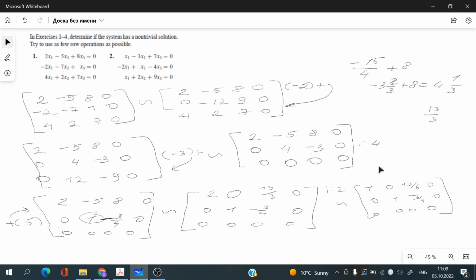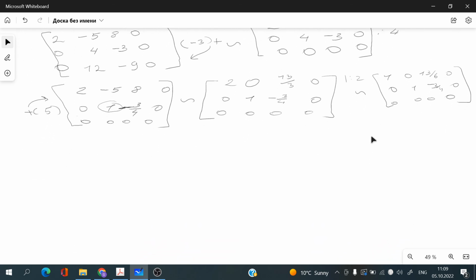And now let's express it in the form x1 equals 13 over 6 x3, x2 equals 3 over 4 x3, x3 equals... oh, no, not 0, sorry, it's a free variable.